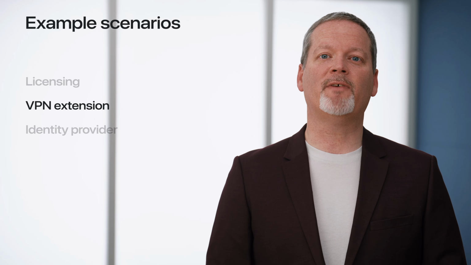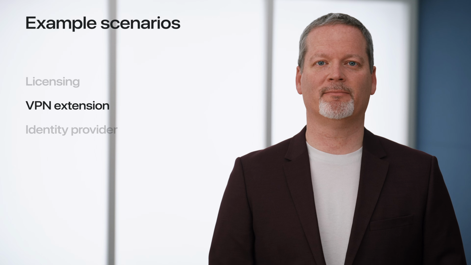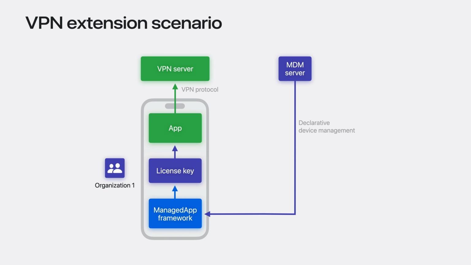Next, let's investigate VPN extensions. The Managed App Framework is especially useful for VPN extensions. A VPN server requires strong authentication, ensuring the device is part of the organization and authorized to connect to the network. The architecture is very similar to the previous scenario, but the identity is provided to a VPN extension rather than an app.